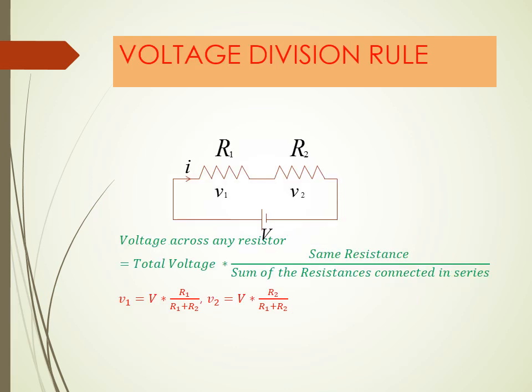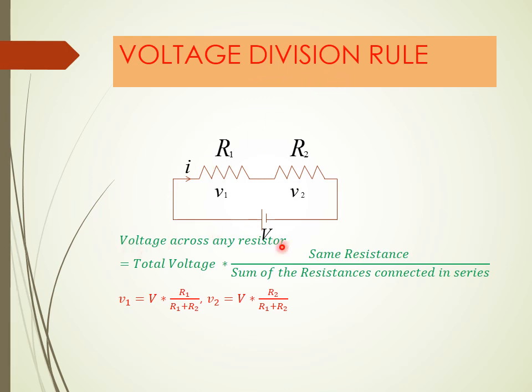Next, voltage division rule. This rule is used to find the unknown voltages across the resistors connected in series. So in this circuit, two resistors are connected in series, R1 and R2. We have to find the voltages V1 and V2 using the voltage division rule.